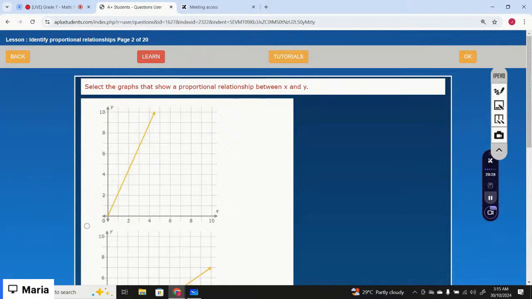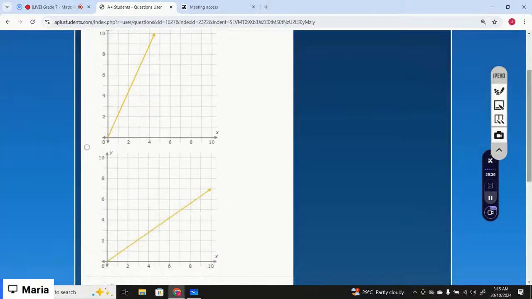Select the graph that shows a proportional relationship between x and y. So which is the correct option? We have two graphs given over here. So which is the correct option?